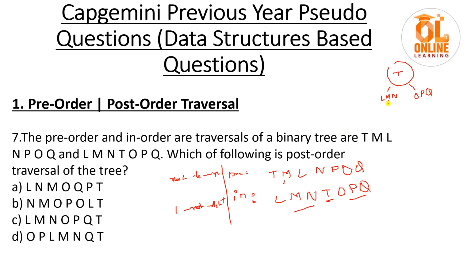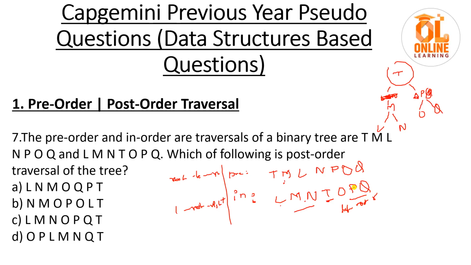So L is to the left of M and N is to the right of M. We can say LMN is the left of T. And in OPQ, P becomes the root, so O will be the left side of P and Q will be the right side of P, because in-order is left, root, and right.